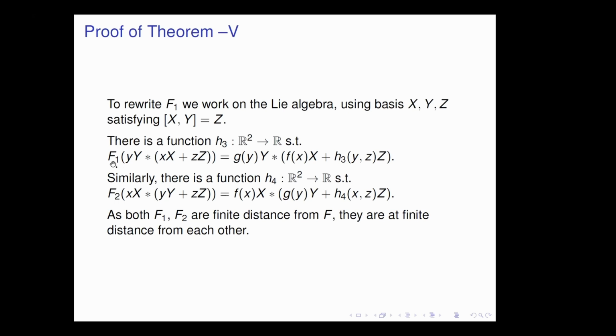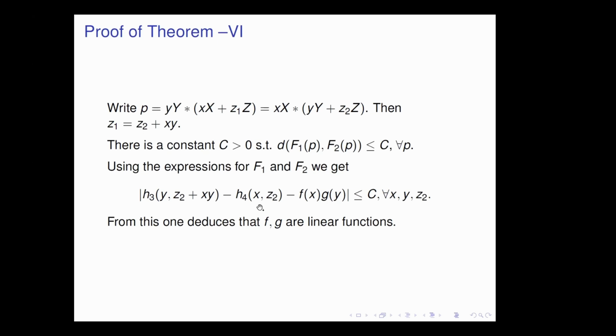Now, you look at the expressions for F1 and F2. Here, the point p is written differently. So given a point p, you write it differently, like this. We know that the y coordinate has to be the same, or the x coordinate has to be the same. But the z here is different.